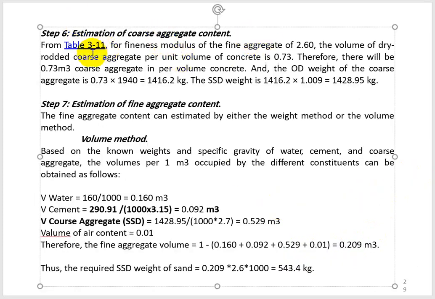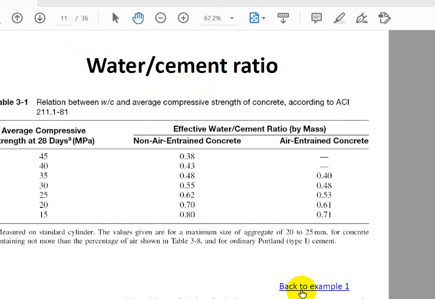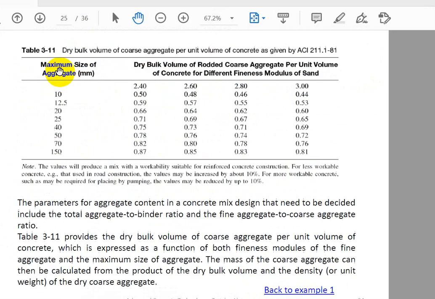And also we have the information concerning the coarse aggregate. So in that case, you have the fineness modulus, which is 2.6. And if we go to that table, then we could get the dry volume as 0.73. If we quickly go and check, so that's the 40 and that's the 2.6. So there we go.